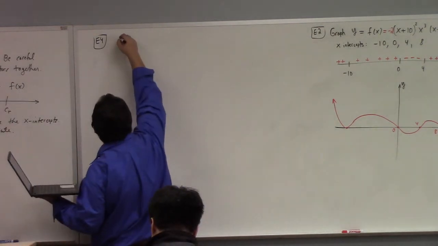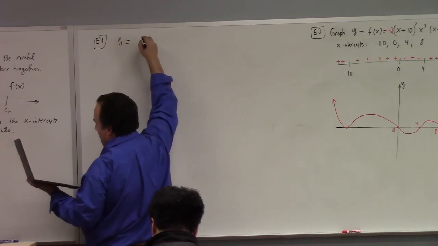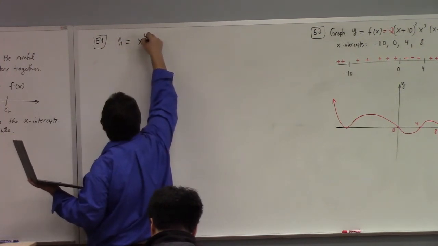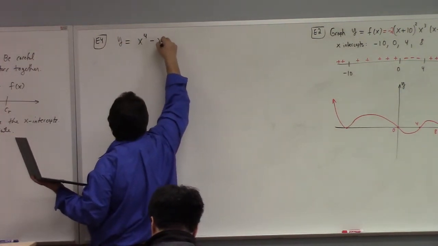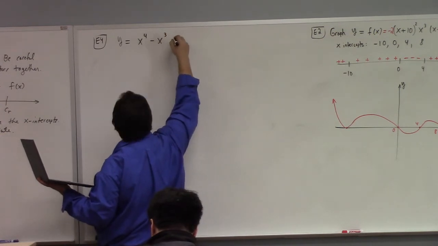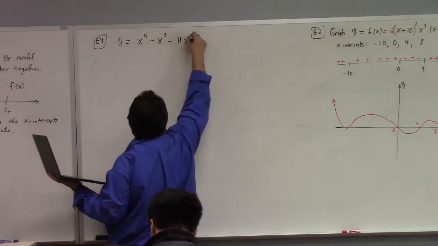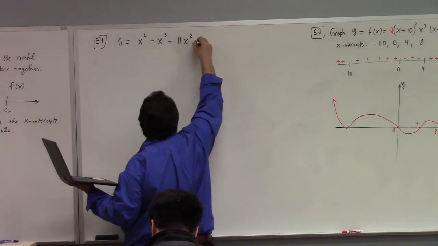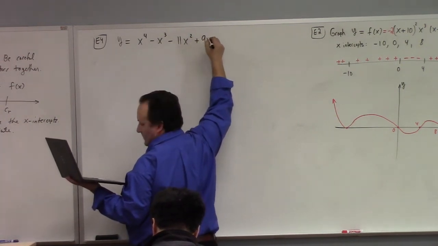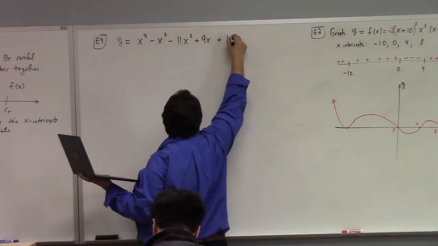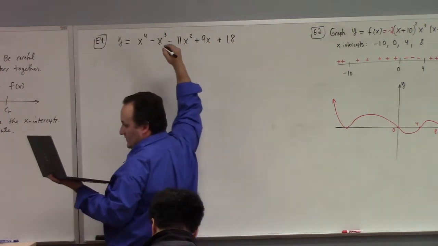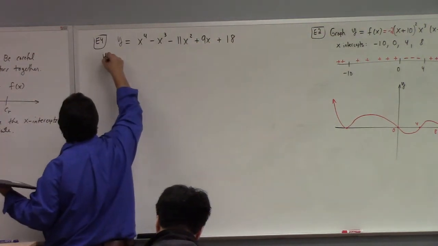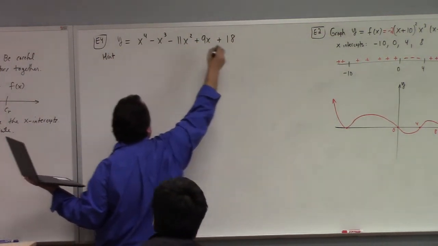So we want to graph y equals x to the fourth minus x cubed minus 11x squared plus 9x plus 18. But the good news is we're given a hint. I'm going to call this thing f of x, okay?